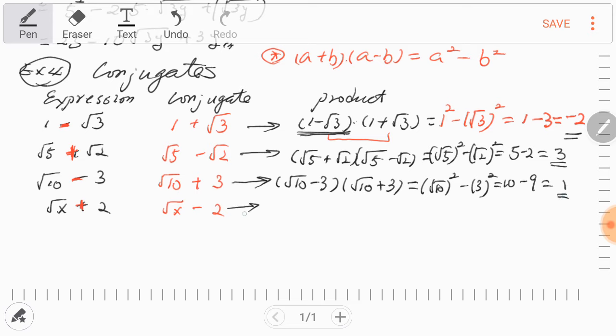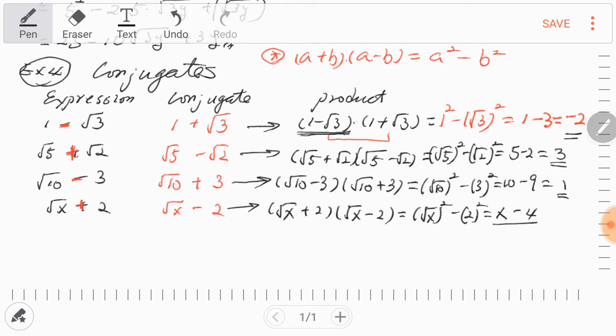One more: square root of x plus 2, times the conjugate, square root of x minus 2, equals a squared minus b squared, so square root of x squared minus 2 squared, so that is x minus 4. Done. Very simple, and multiplying the conjugate is a really important concept.